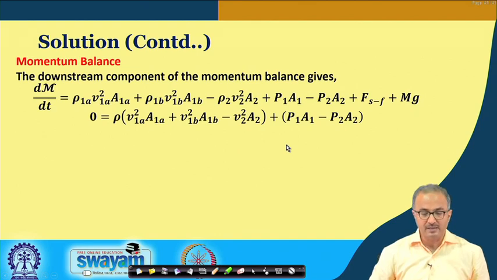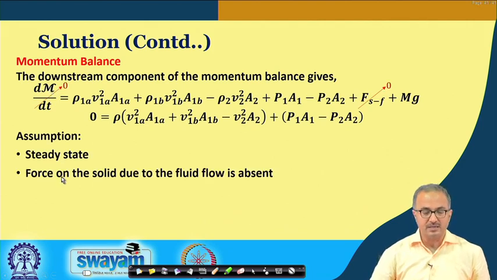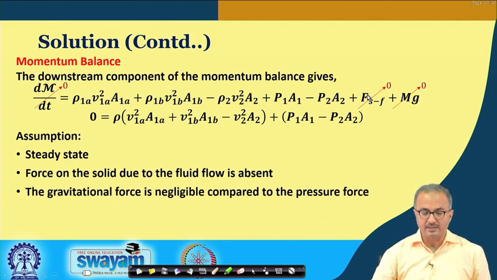So, what we find here is that at steady state this is going to be 0, and then we say that the force on the solid due to the fluid flow is taken to be absent. So, this particular term goes to 0, and the gravitational force is taken to be negligible in comparison to the pressure force. So, this term is taken to be 0. So, what we are left with is this term. Here we take the rho out from all these three terms, because this is an incompressible fluid, and we club these things together.